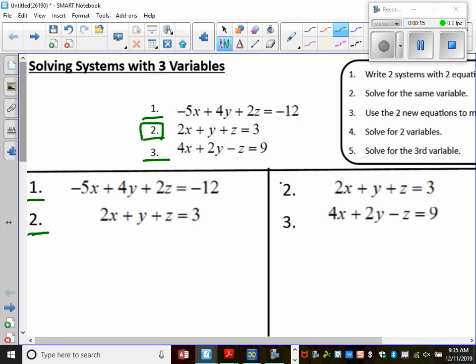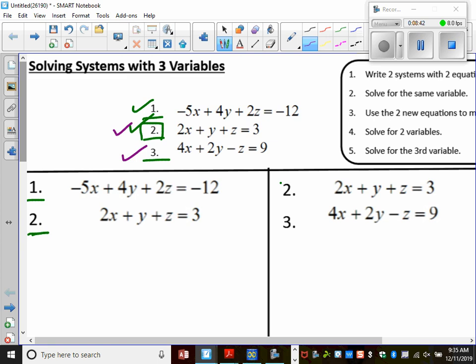So basically you take the first 2, 1 and 2, and then you take 2 and 3 to create the second one. So that's all you do for step 1. That's already done for you. Now, when you do this on your own, you'll have to do that step. So you'll take the first 2, create a system, and then take 2 and 3 and create your second system. Okay, so that's all we did for step 1.